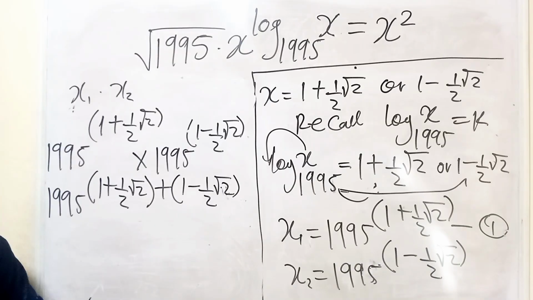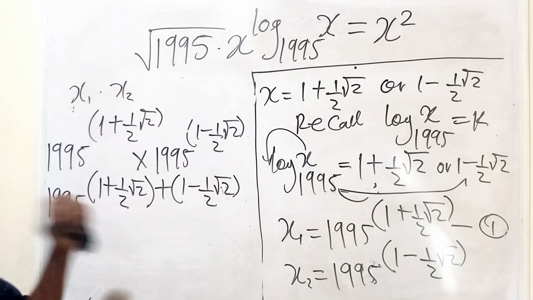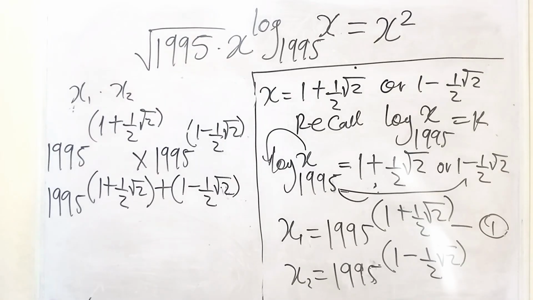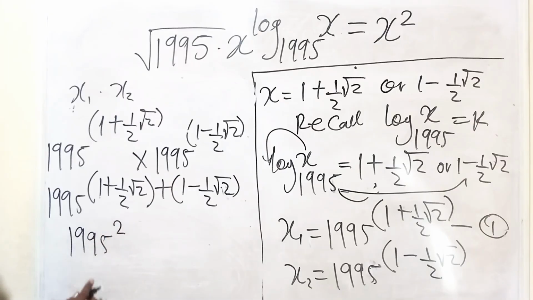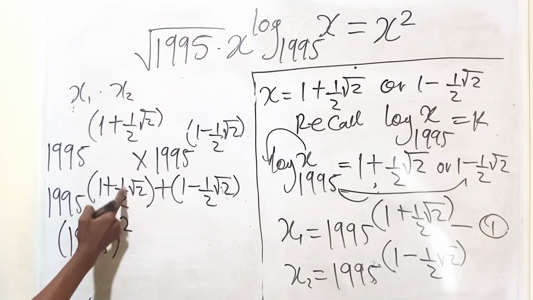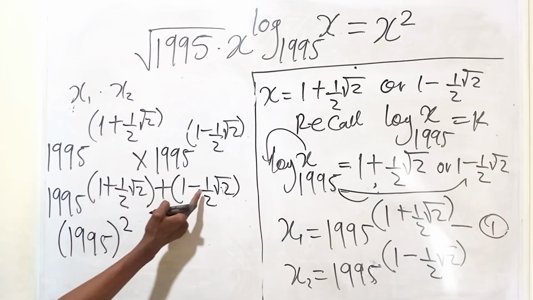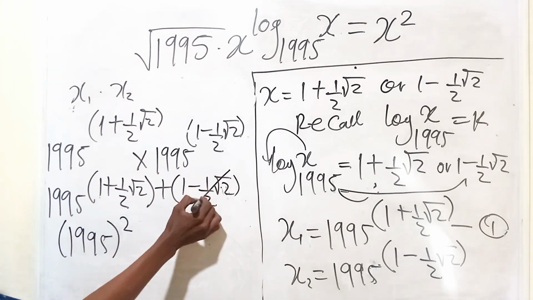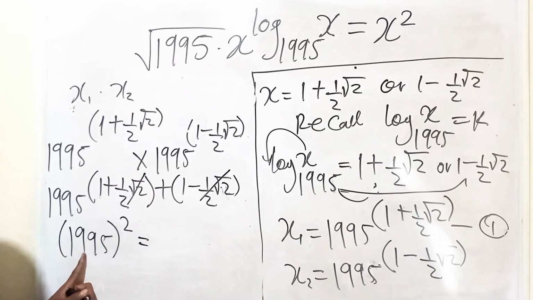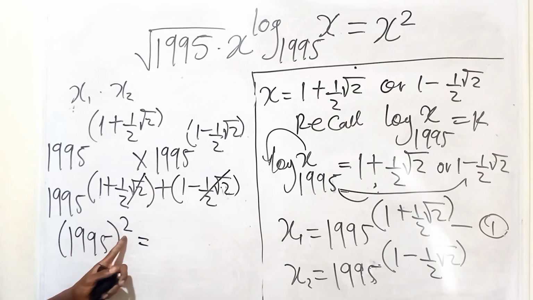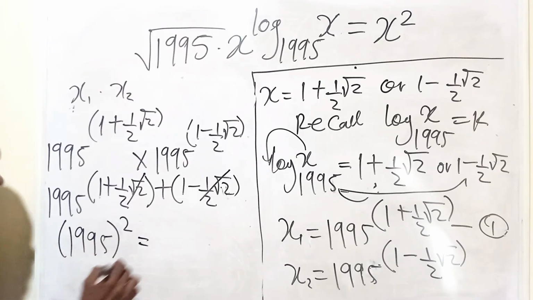So what are we doing next? Let's add. If we add this, we'll have 1995, 1 plus 1 here gives us 2. The 1 over 2 multiplied by the square root of 2 minus this is gone. So this cancels out this. So therefore, we have 1995 squared.